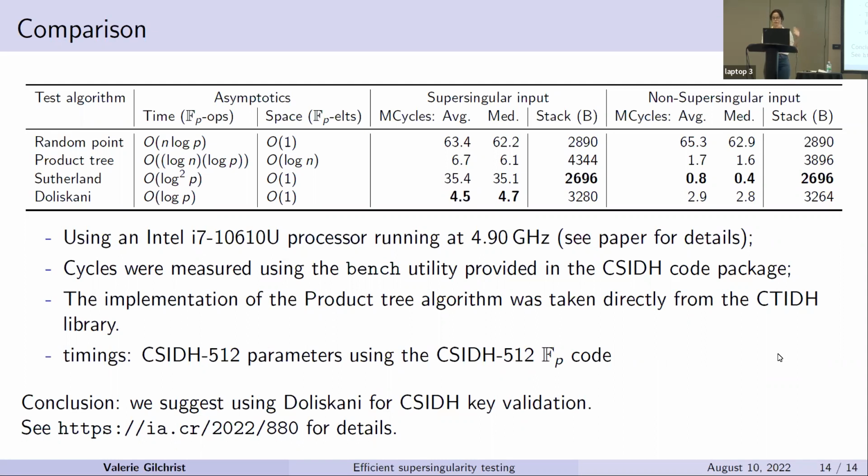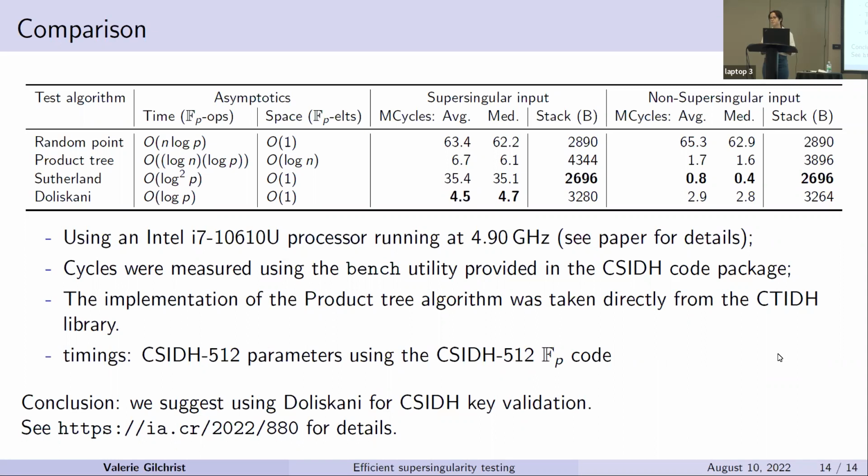So Sutherland's algorithm works for curves over Fp squared as well. Dallasconi's algorithm would have to have some kind of changes made to it to handle different types of curves. We touch on that in the paper as well with a few remarks, but it's not trivial how we could extend it to other fields.